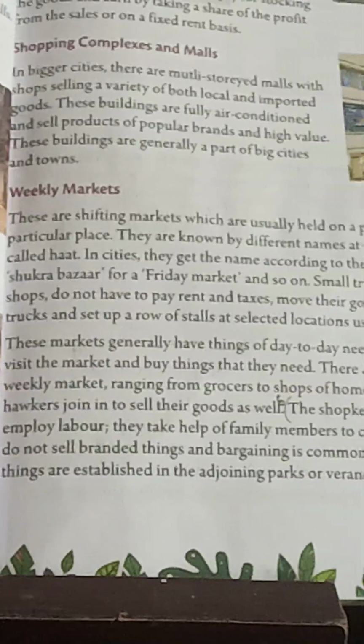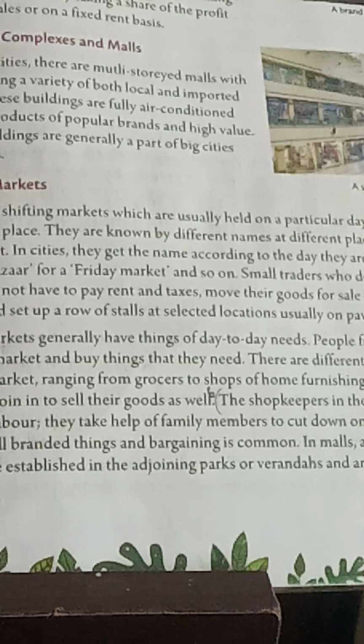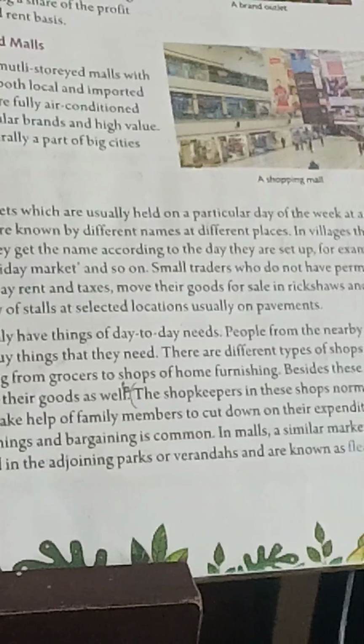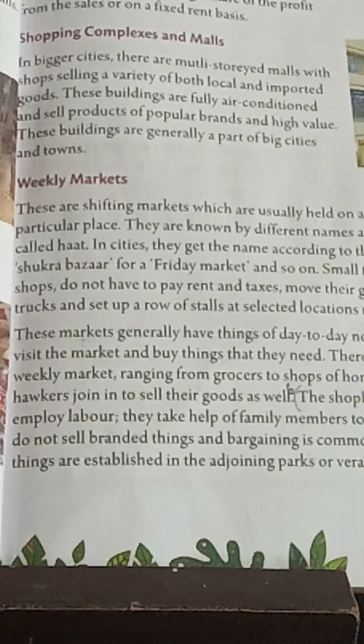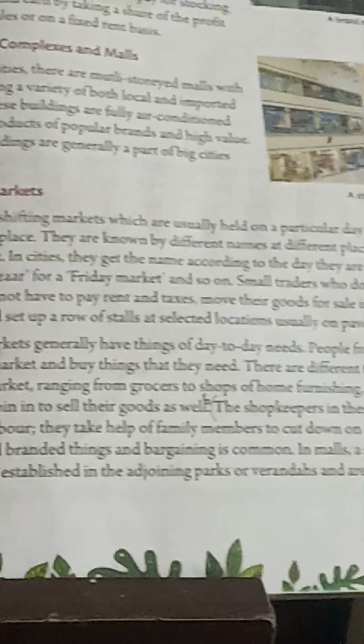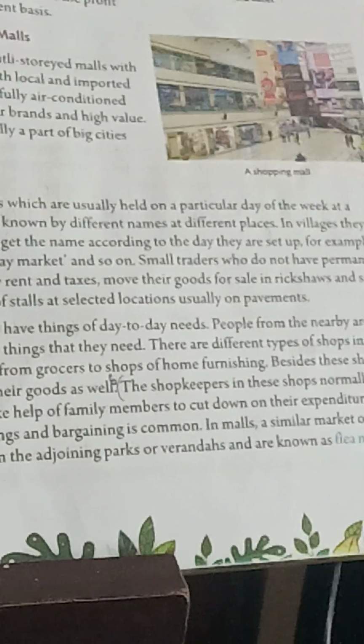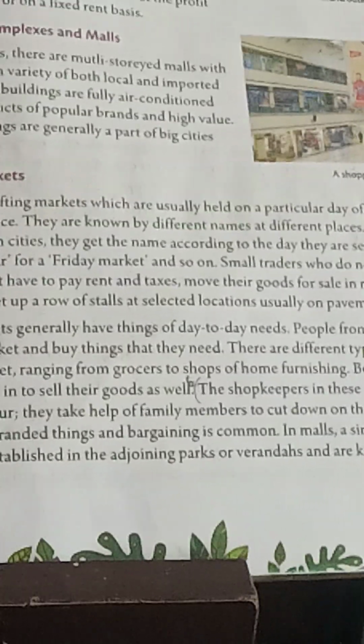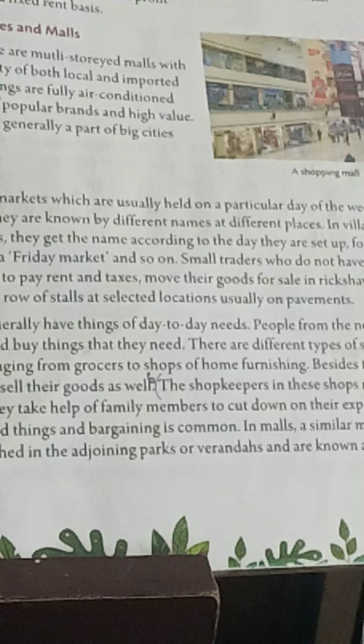People from nearby areas visit the market and buy things that they need. There are different types of shops in a weekly market, ranging from groceries to home furnishing. Besides these shops, hawkers join in to sell their goods as well.